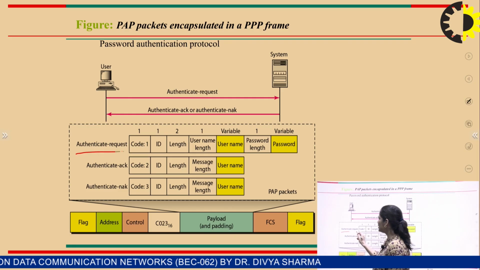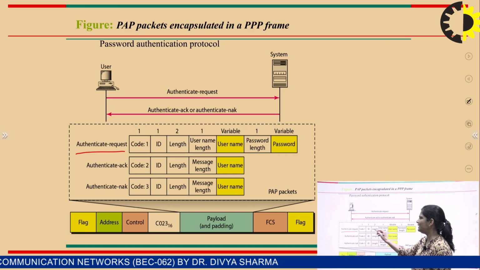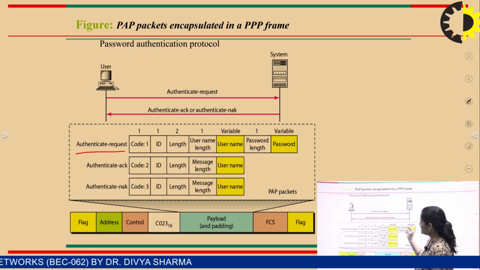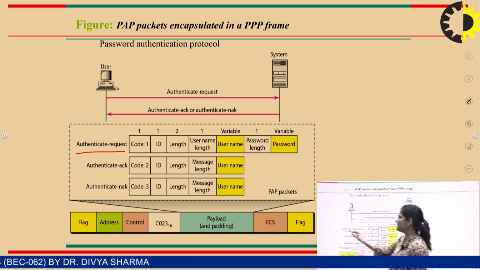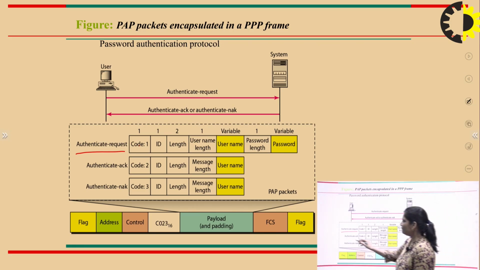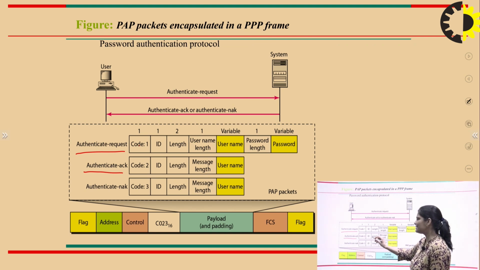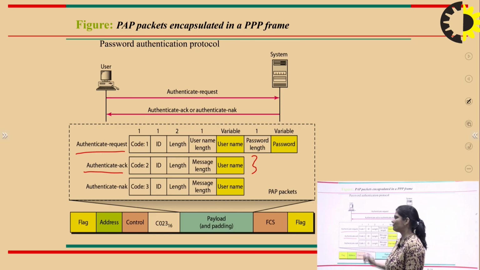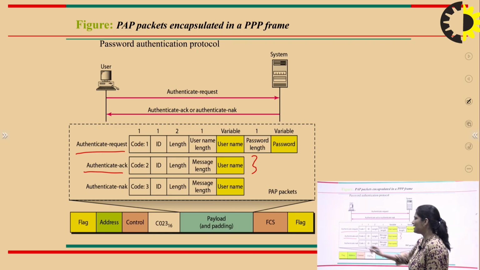Authenticate request means code 1, ID, length, username, password. These are the fields that should be present in the authenticate request when we send it from sender to receiver. For authenticate acknowledgement, code 2 is there, ID, length, message length, and message. For not acknowledgement, the code, ID, length, and message length are there.